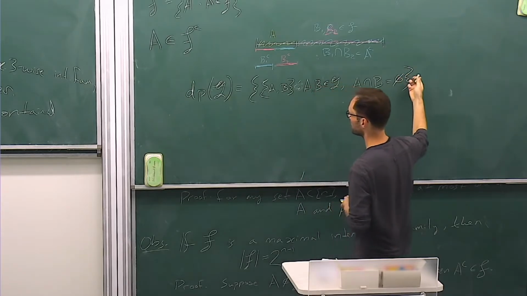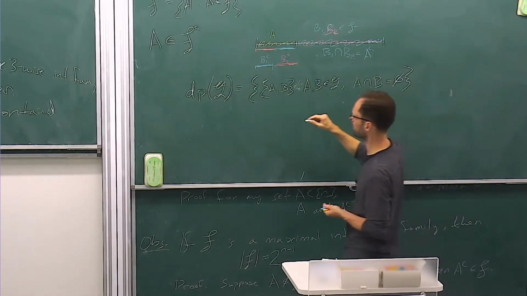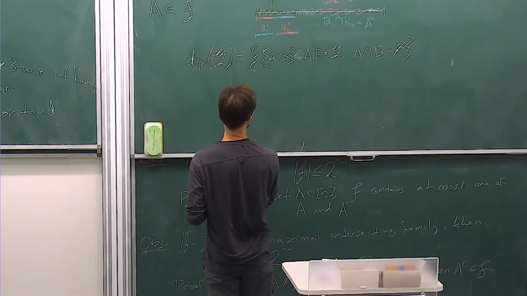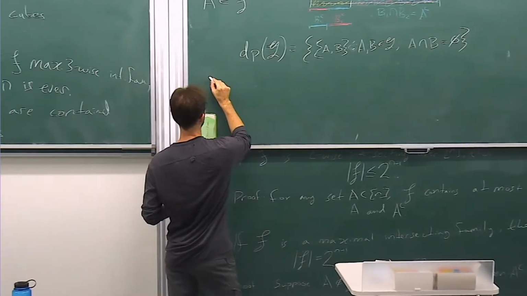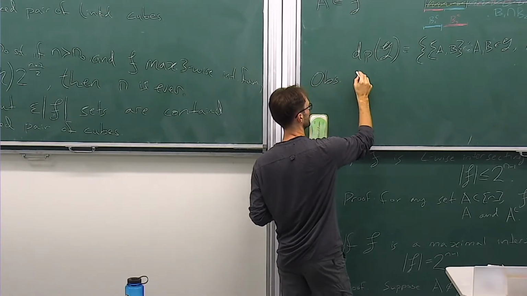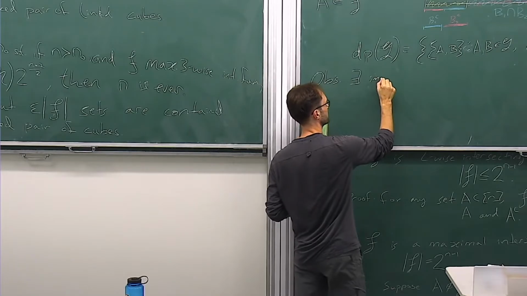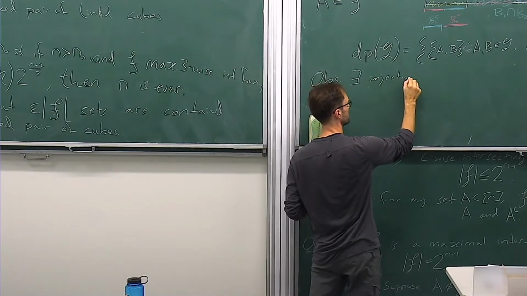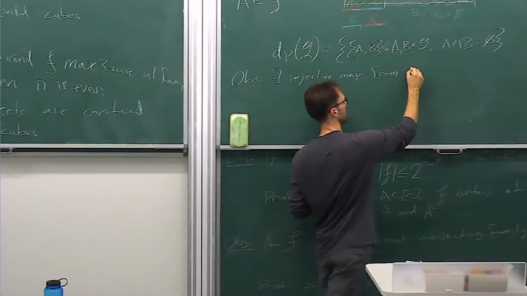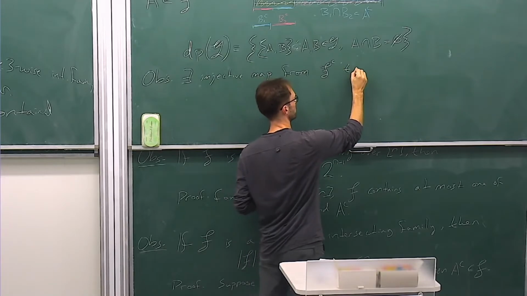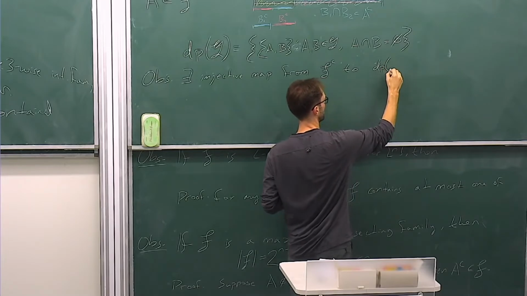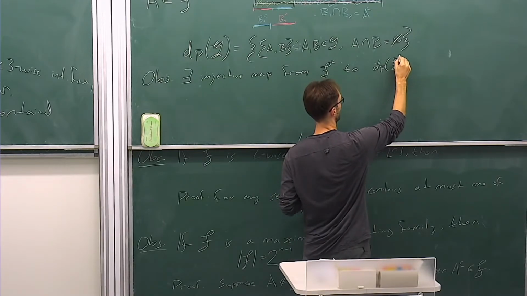This is what we call the disjoint pairs in G. And we have an injection. There's an injective map from F complement to disjoint pairs of elements in F bar.